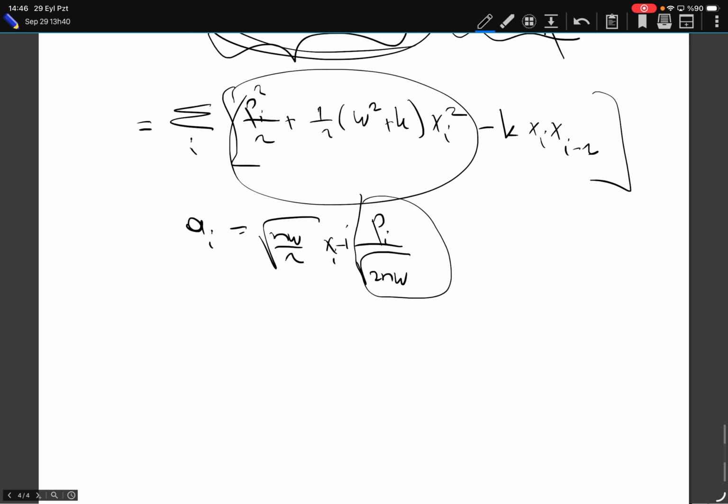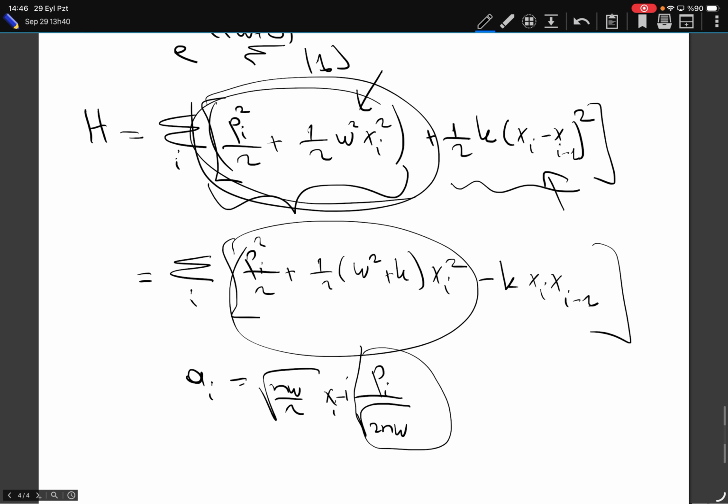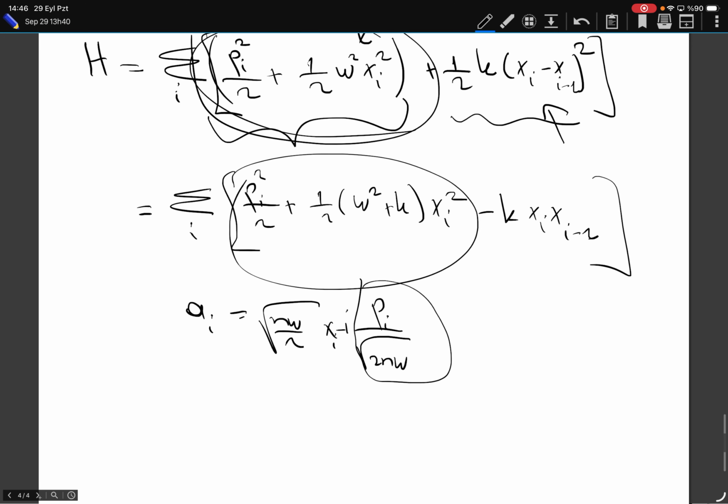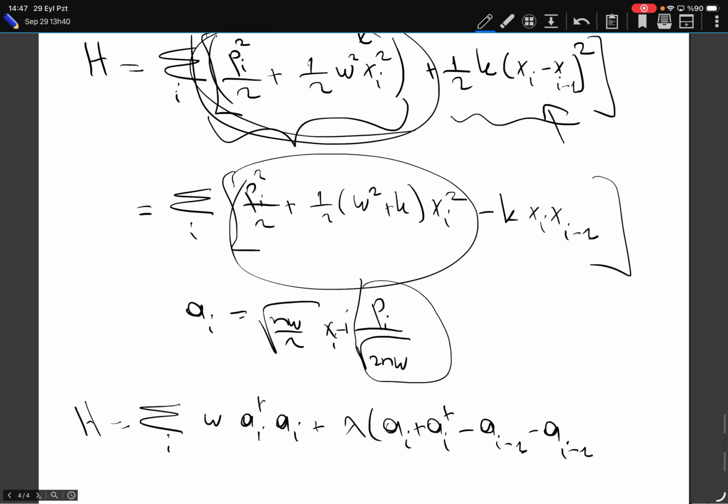This is my a_i. Now, if I do that, my Hamiltonian will be the sum over i of omega a_i dagger a_i plus some coefficients times (a_i plus a_i dagger minus a_{i-1} minus a_{i-1} dagger) squared.